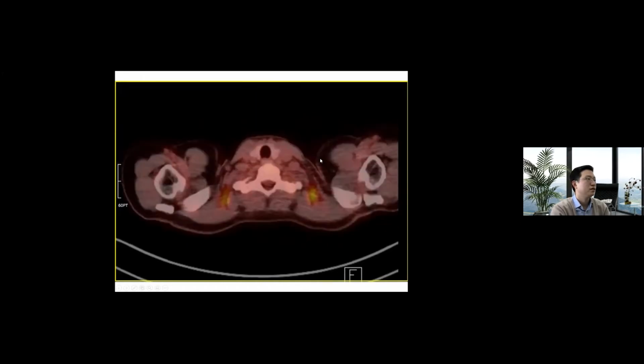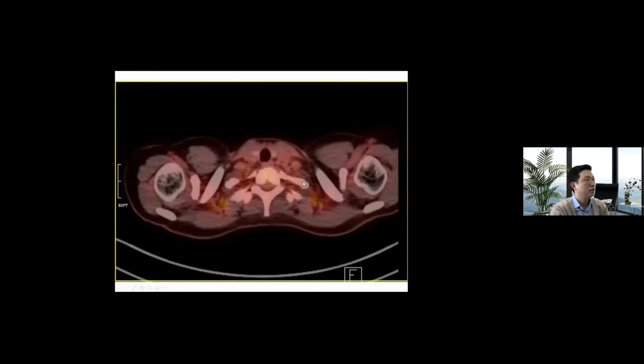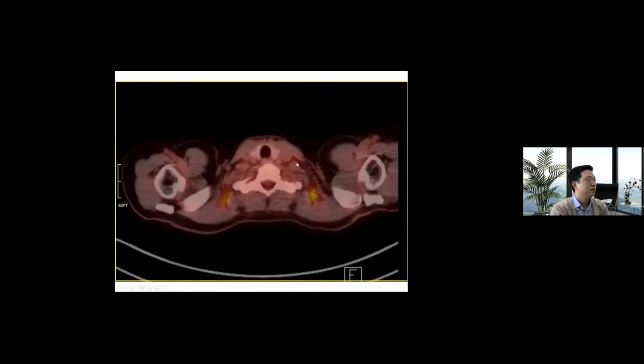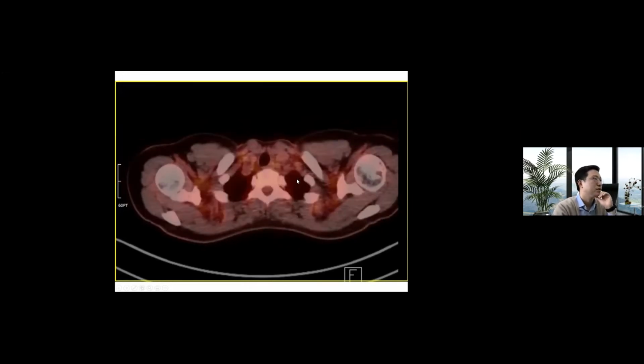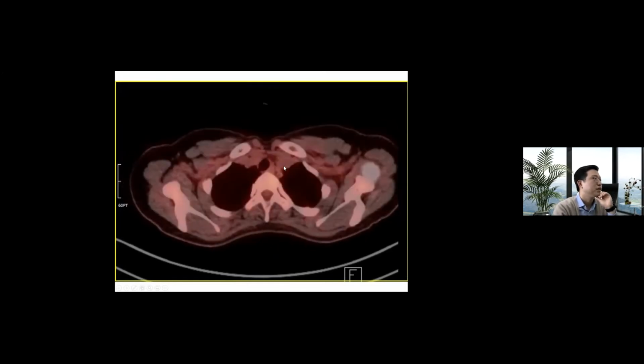In the supraclavicular and lower neck area, there is symmetric FDG uptake, but this is very easy to differentiate from pathologic findings because that uptake is within the fat tissue. This is a typical finding for brown fat uptake.